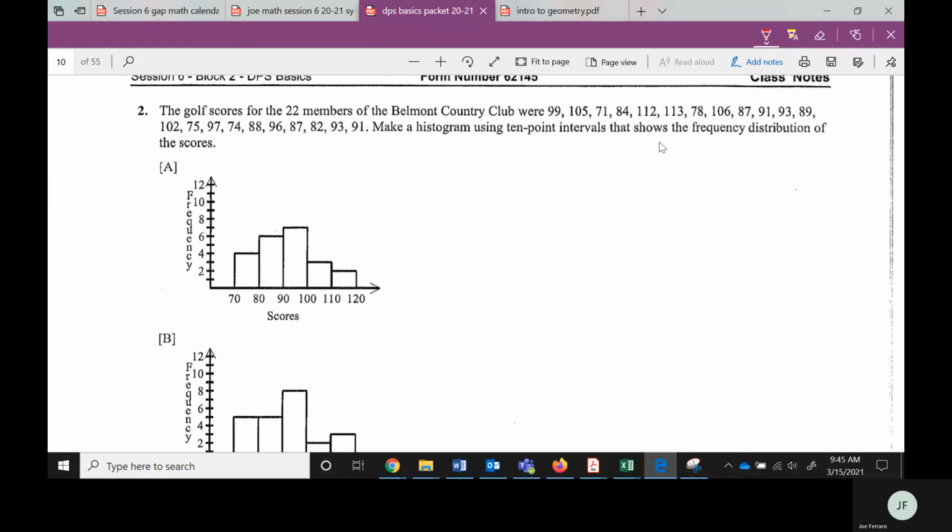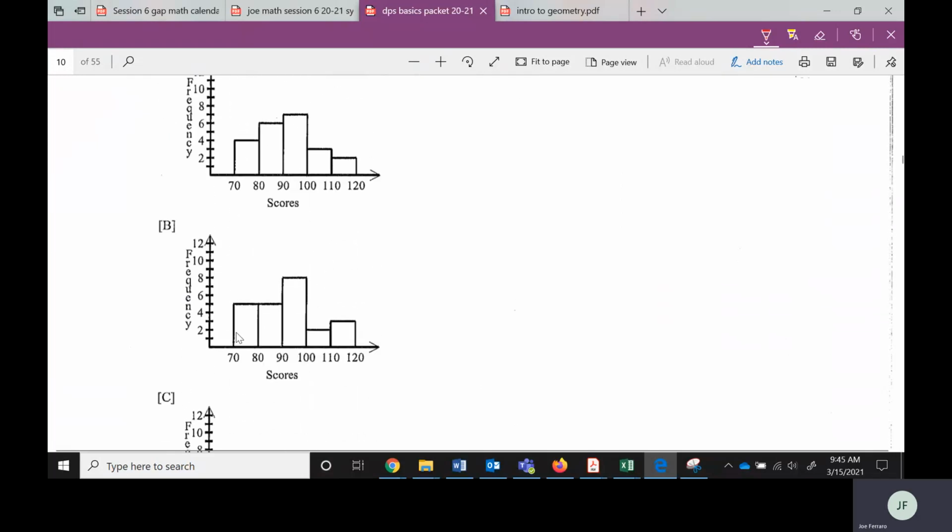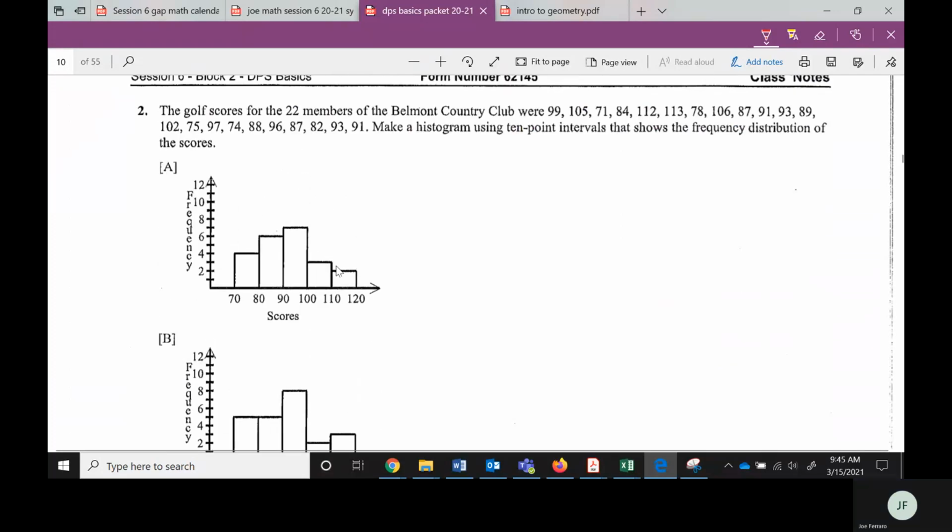So you can find your distribution here. If you look at all the answers, they go from 70 to 80, 80 to 90, and so on. Technically you might want to write 70 to 80, 80 to 90, but those aren't actually 10 points.